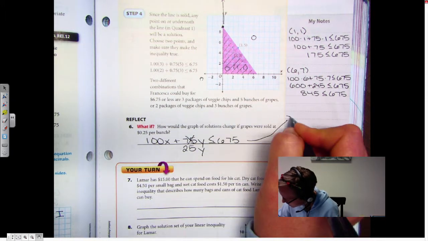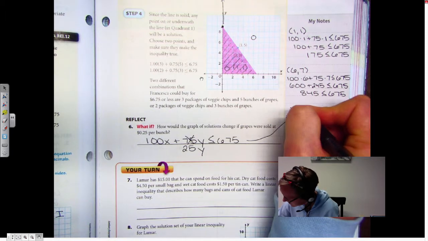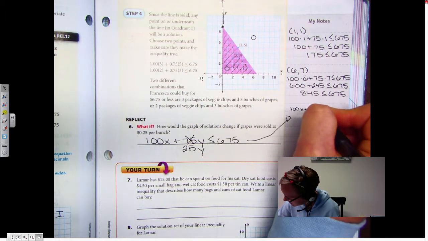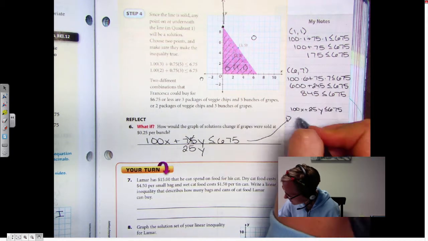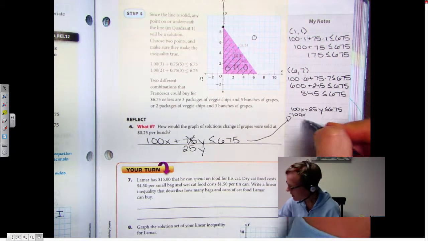I could prove this by solving. Let me do my little solution over here. Move my 100x.